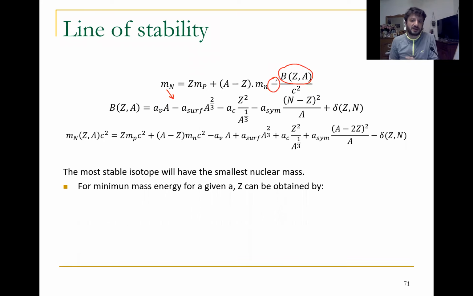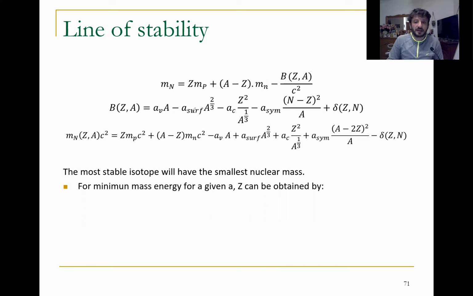So the maximum binding energy of the most stable nucleus has the smallest mass. We have here a relation between the maximum binding energy and the small mass. This is the property of the most stable nuclei: they have maximum binding energy and small mass.